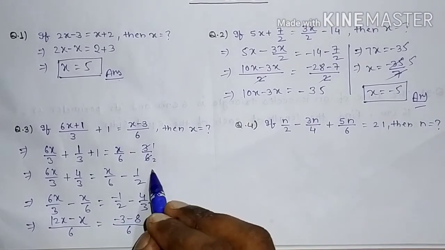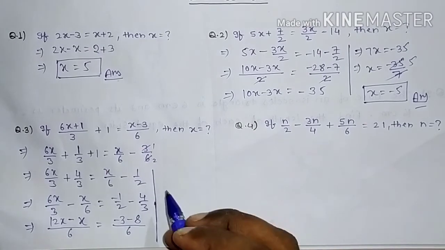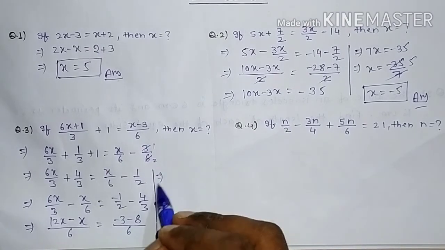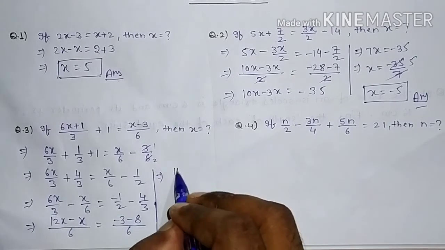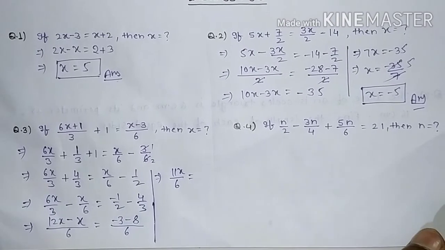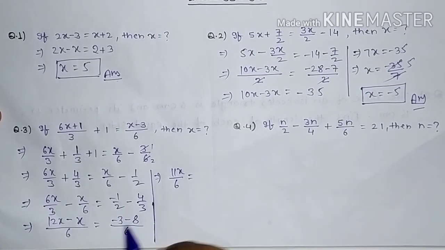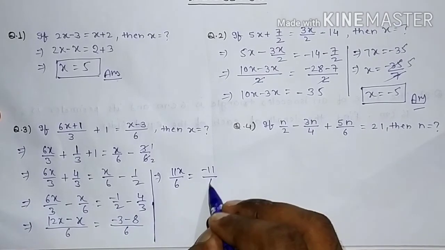Now simplified, 12x minus x, that is 11x, divided by 6 equals, this is minus 3 minus 8, that is minus 11, divided by 6.